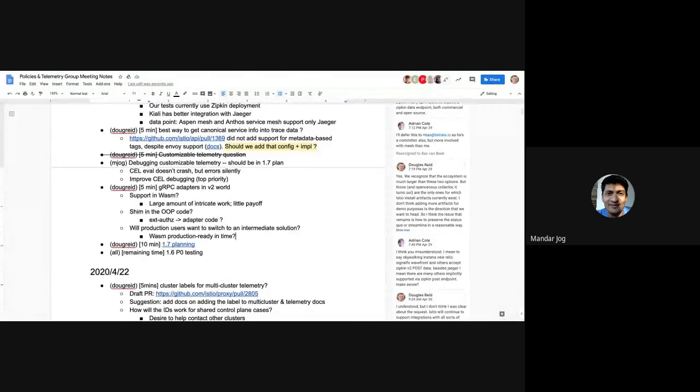Okay, I think that makes sense. Though the question is, we want WASM support in 1.7, right? Not necessarily. So perhaps even null sandbox will do, or no, it has to be true WASM support.